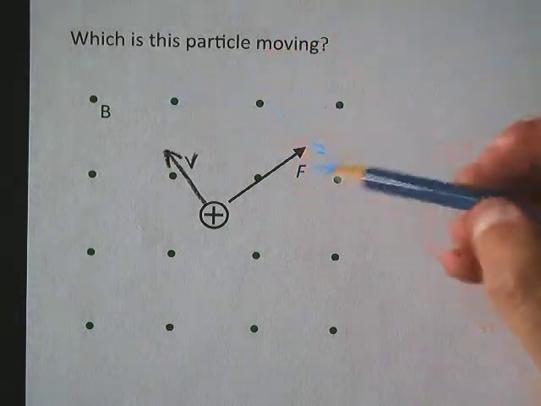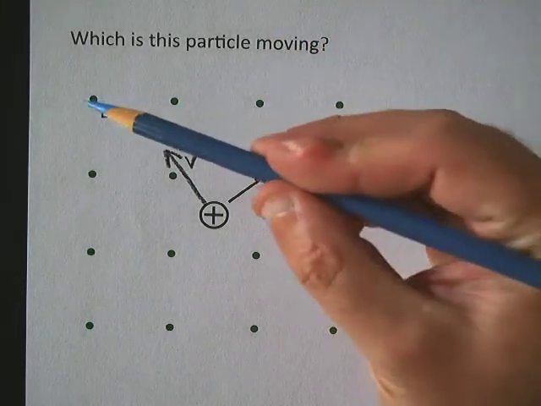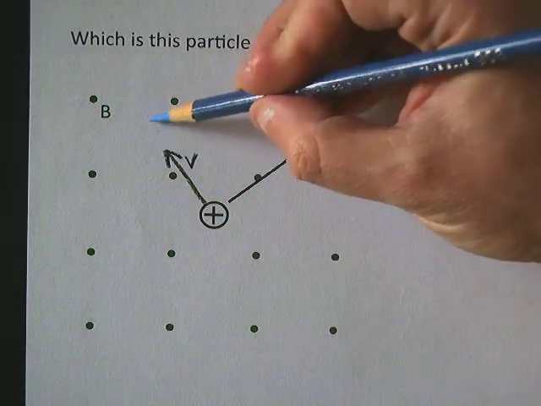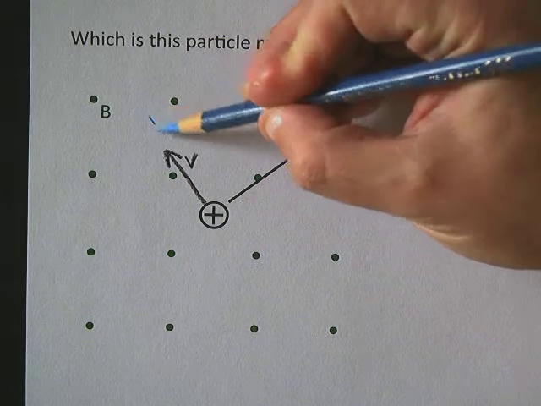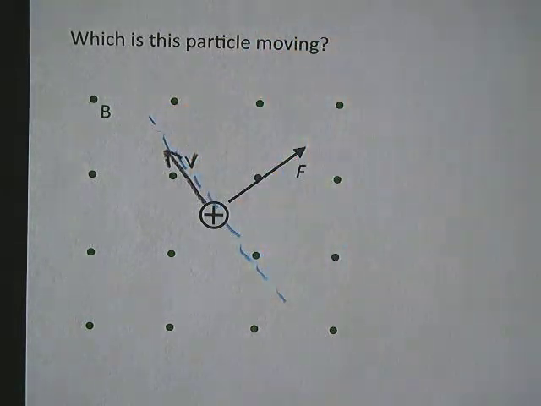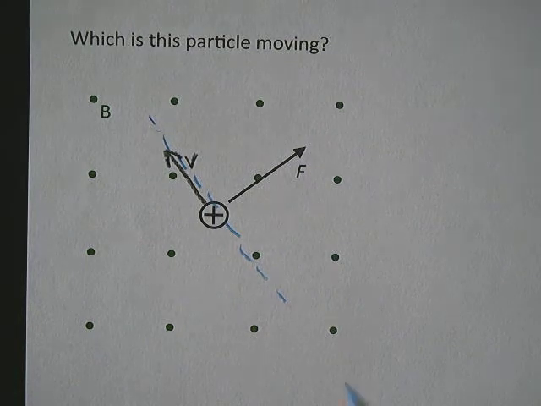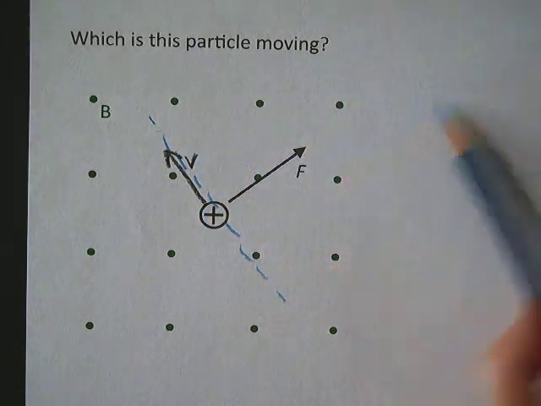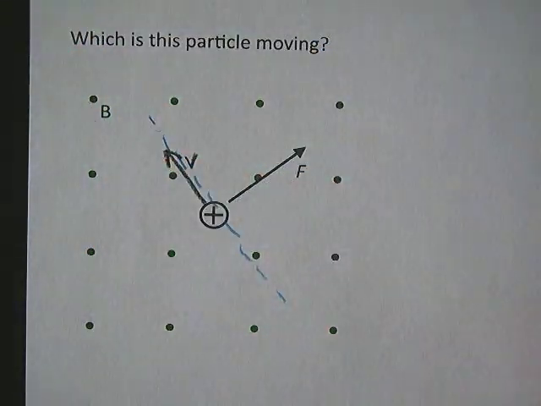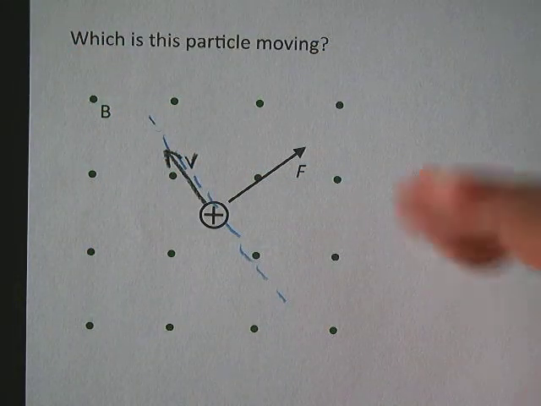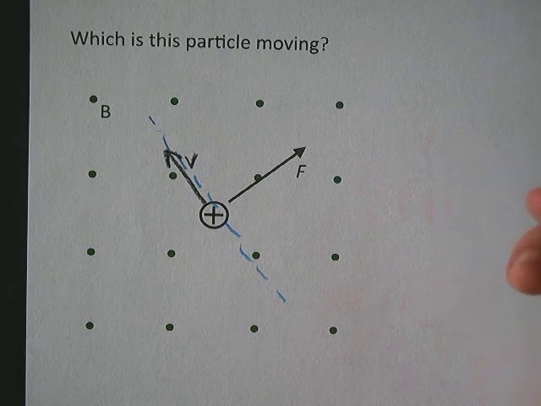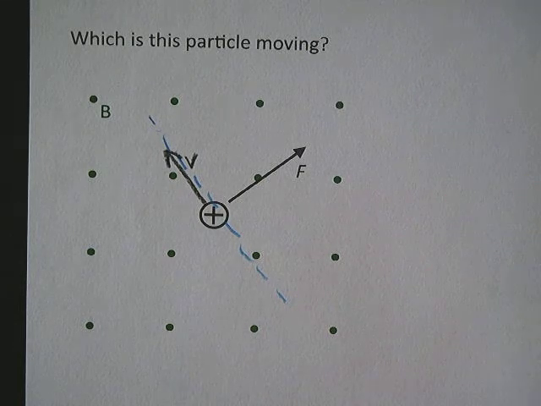So this must be the direction of the velocity. Now there's a second tack that you can take, and that is knowing that everything's going to be at a right angle, which means that since the magnetic field is coming out of the page and the force is going this way, we know the velocity, or at least the key component of the velocity, has to be along that line. So there are only two choices. We could have a velocity that points in this direction, or a velocity that points in that direction. We've got 50-50 odds.